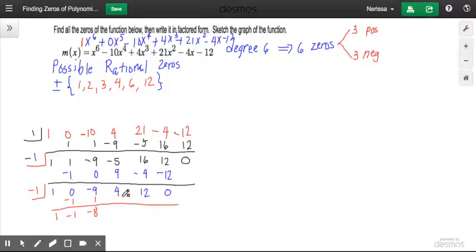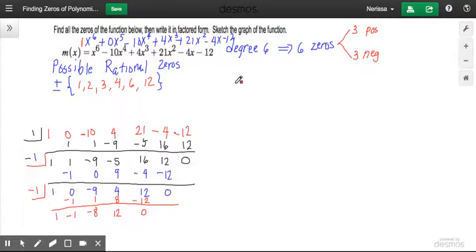Negative 8 times negative 1 is positive 8. 4 plus 8 is 12. 12 times negative 1 is negative 12. And again, we get a 0 right here. So we have found 1, 2, 3 zeros. Okay, and we have 2 negatives so far and 1 positive. So we have 3 more zeros to look for.